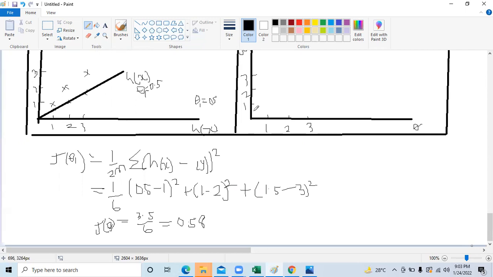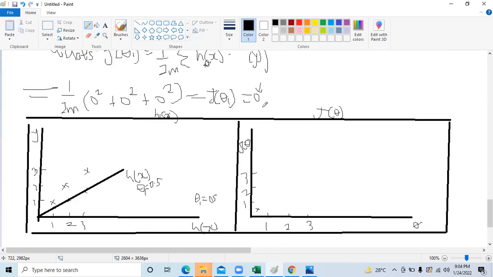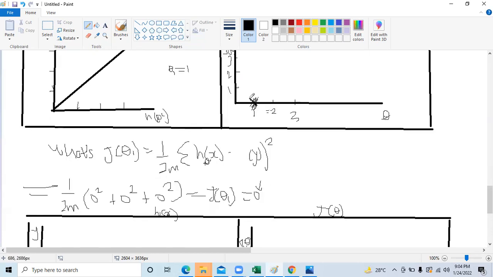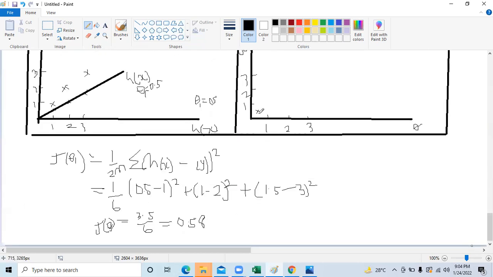And then our theta was 0.5. So this should lead to somewhere here. And this is our point. This point is where we're going to have our cost function. Don't forget, somewhere here we had our cost function for theta equals 1. So we had our theta equals 0. And now we're having our cost function somewhere here, right?